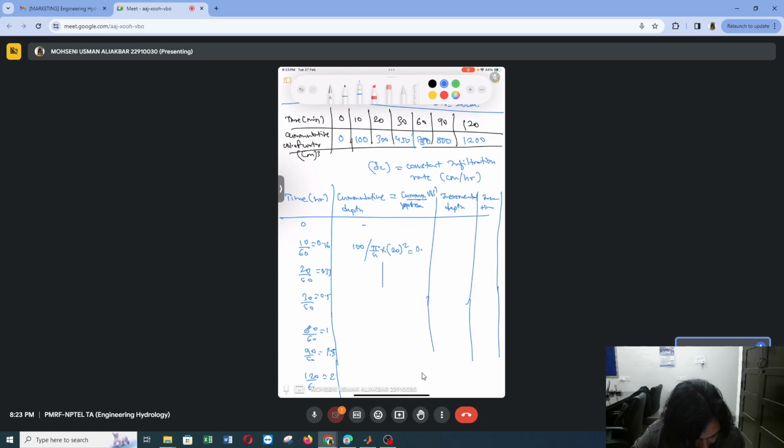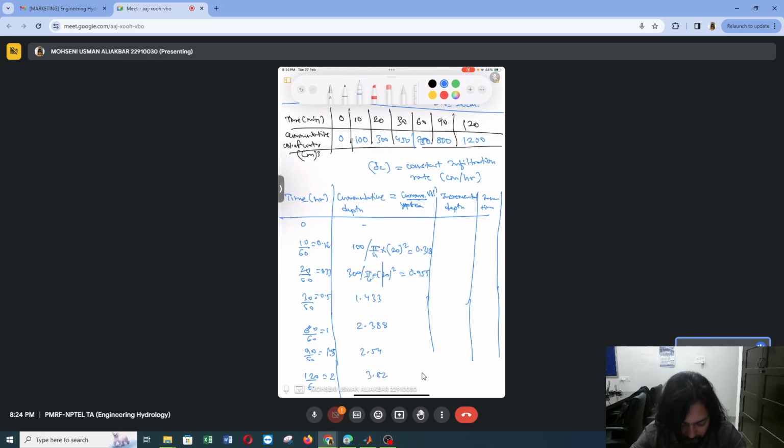This value is 0.318, and similarly we can calculate the other values. 300 divided by pi by 4 into 20 square is 0.955, then 1.433, 2.388, 2.54. The last value is 3.82.